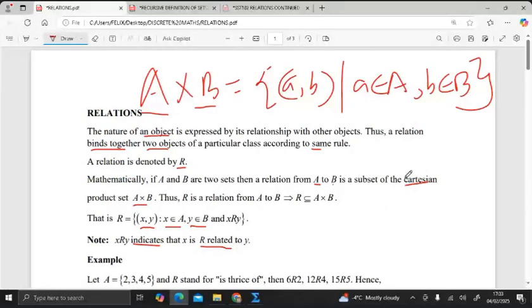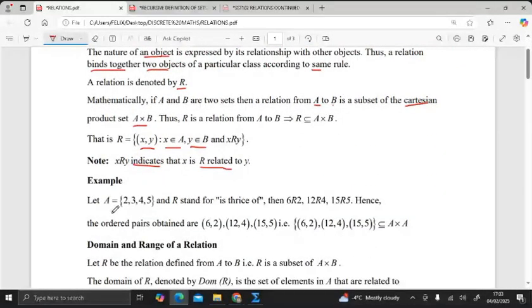For a better understanding, let's see this example. We consider the set A whose elements are 2, 3, 4, and 5, and R to stand for "is the rise of."